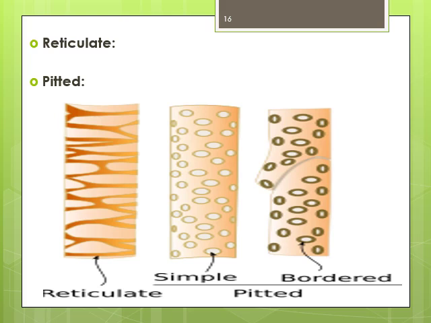If these are simple pits, then we call it simple pitted. And if these unthickened areas have a thickened part around themselves, then we call it bordered pitted.